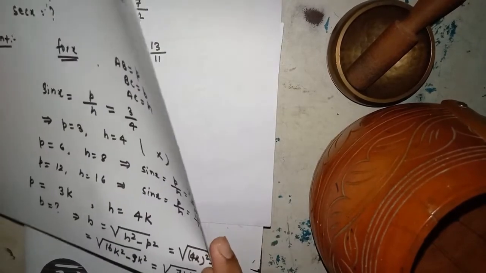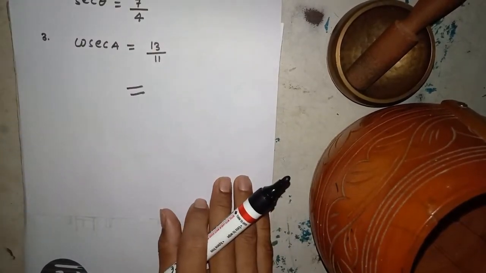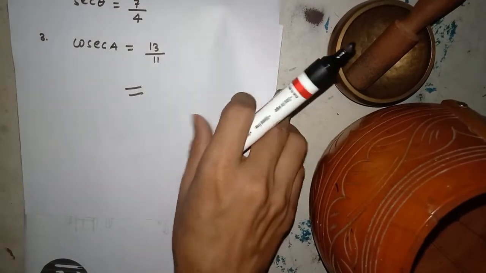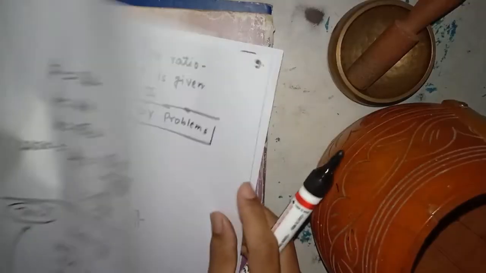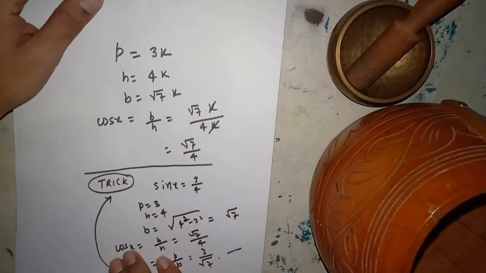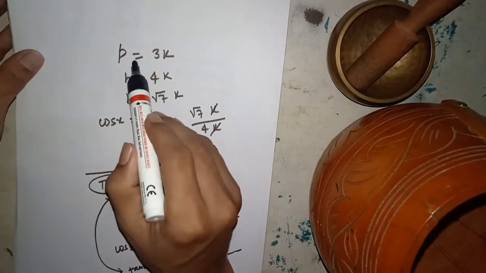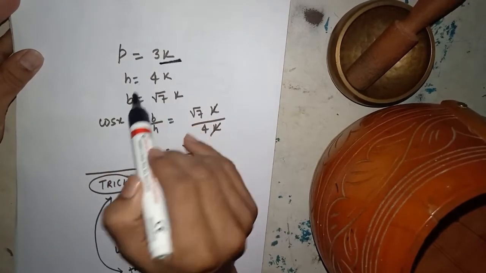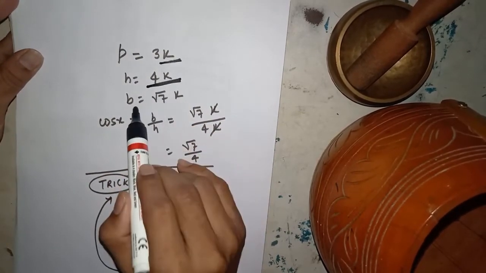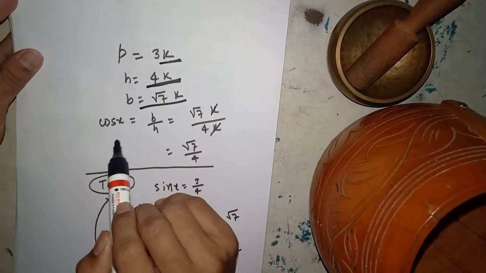Now you can find out all the ratio values because we have now the value of P, the value of B, and the value of H. Yes or not? Here your value of P is 3k, the value of H is 4k, and the value of B is root 7 k.